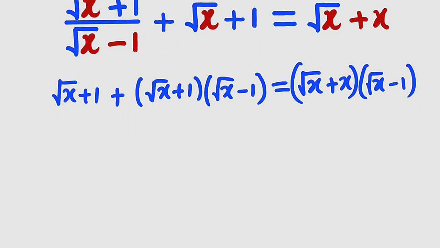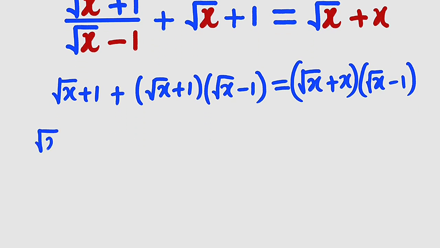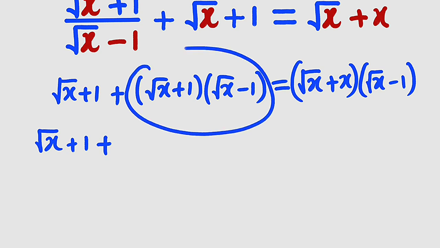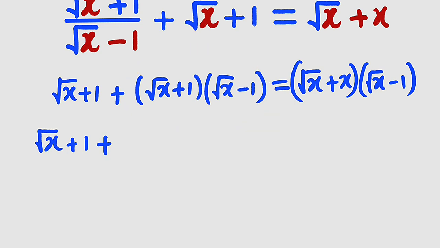So let's simplify. So this is square root of x plus 1 plus, if you observe, this is nothing but a difference of two squares. If you have a difference of two squares, you take the first term, you square that. Square root of x squared is just x. Then you subtract, you take the second term, you square that. 1 squared is 1. Move to the other side.